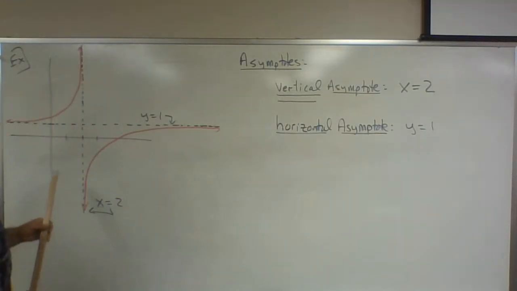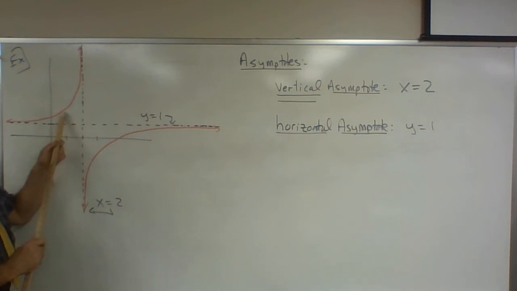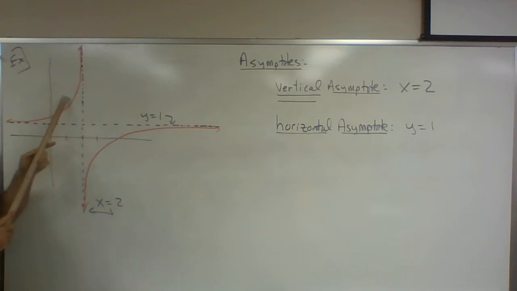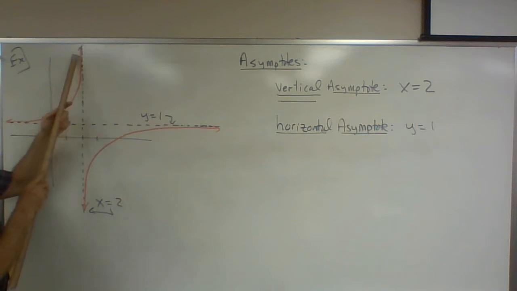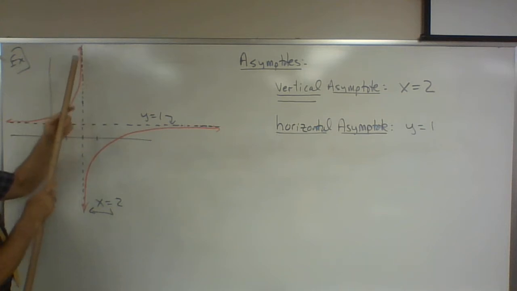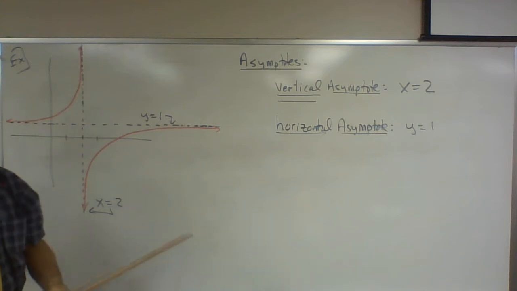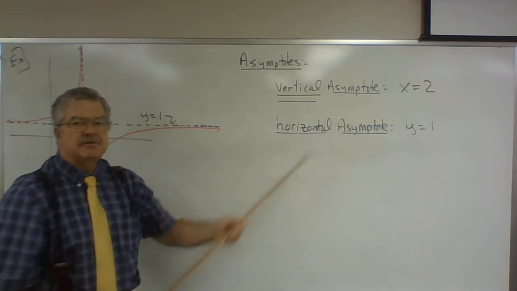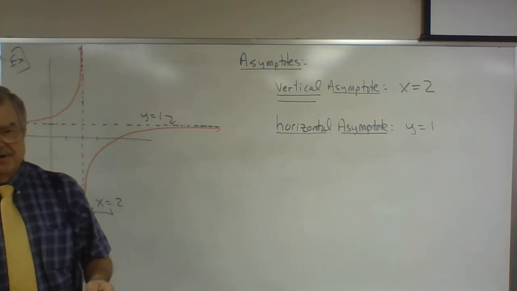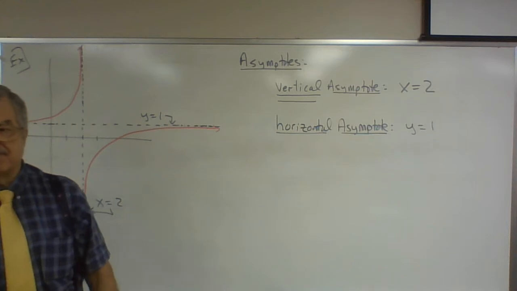And if I were to start at a point on this part of the graph and move along the graph in this direction, notice again that the graph gets closer and closer and closer to the line x equal 2. So x equal 2 is a vertical asymptote.